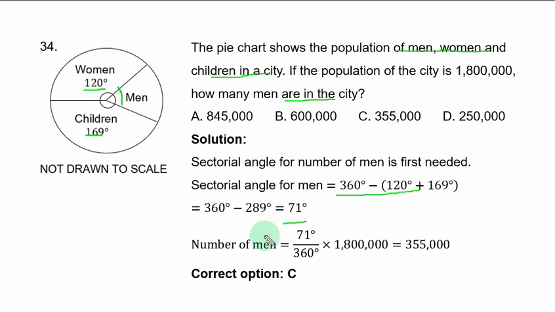Therefore, number of men is equal to their sectorial angle 71 degrees over total angles 360 degrees times total population 1.8 million. If you multiply and divide, or you divide and multiply, you have 355,000 men in the city. C is the correct option.